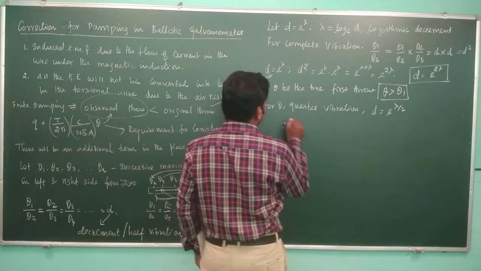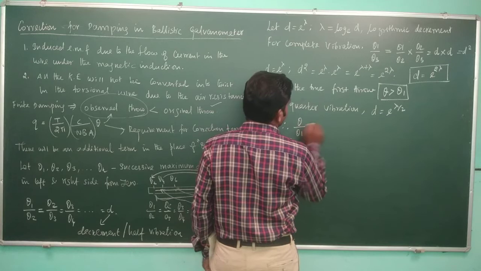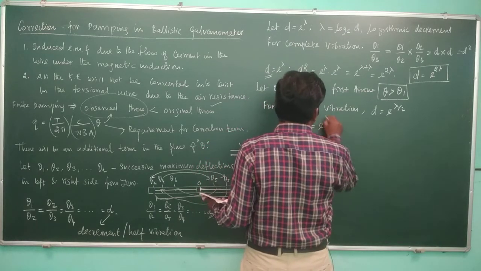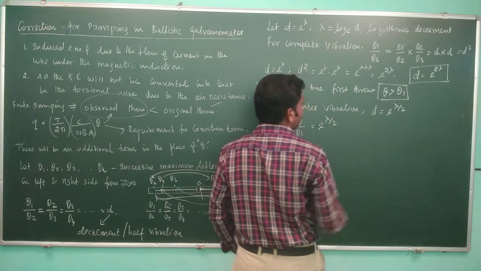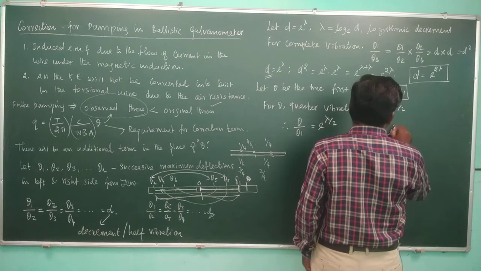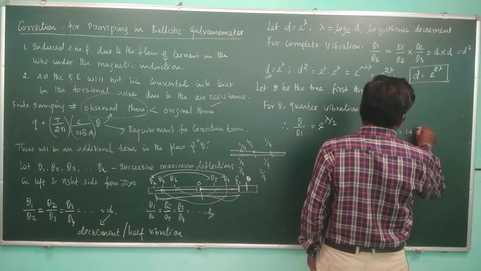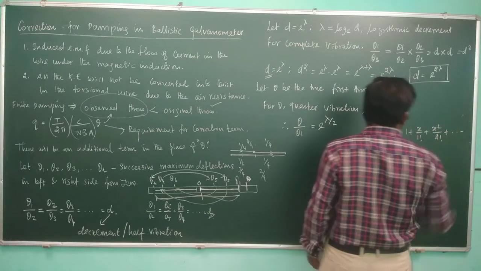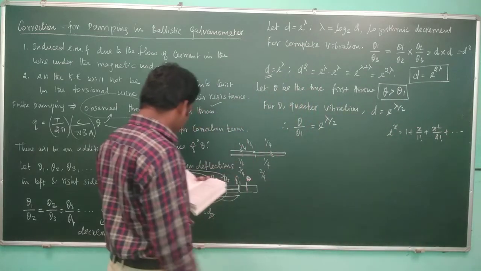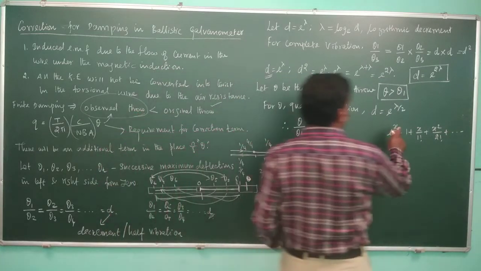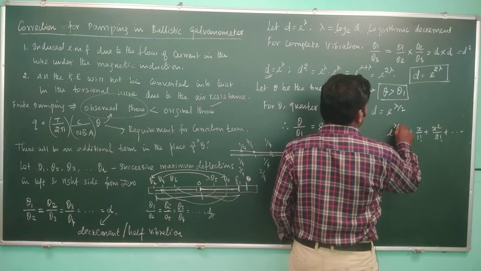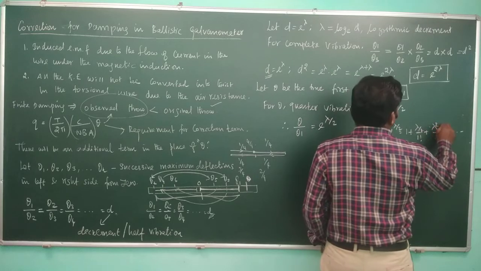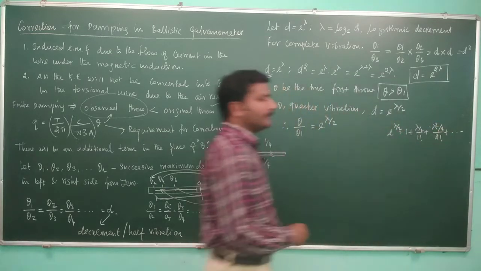Now therefore, theta by theta 1 is equal to e power lambda by 2. But you know, for e power x we can write the expansion 1 plus x by 1 factorial plus x squared by 2 factorial and so on. In the place of x you put lambda by 2, so here lambda by 2, here lambda square by 4, and so on.